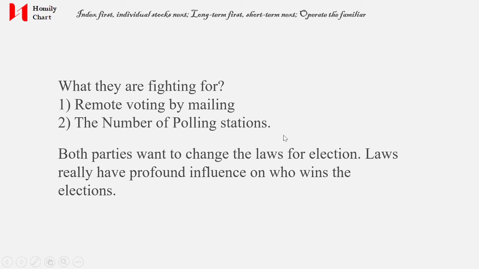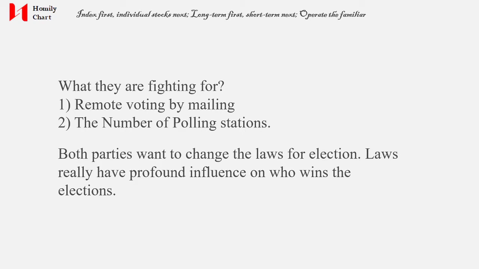Okay, and both parties want to change the laws for election. Why is it so important to change the laws for election? Because the laws really will have great influence on who wins the election.